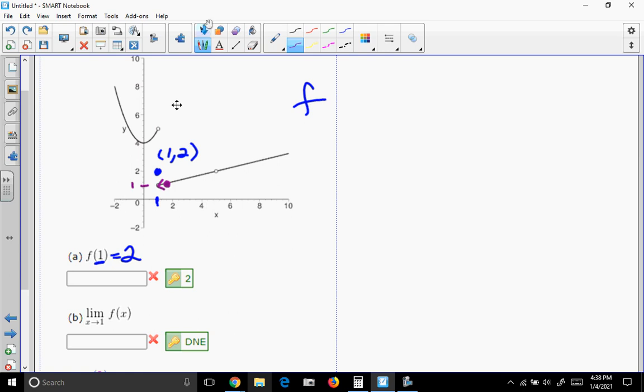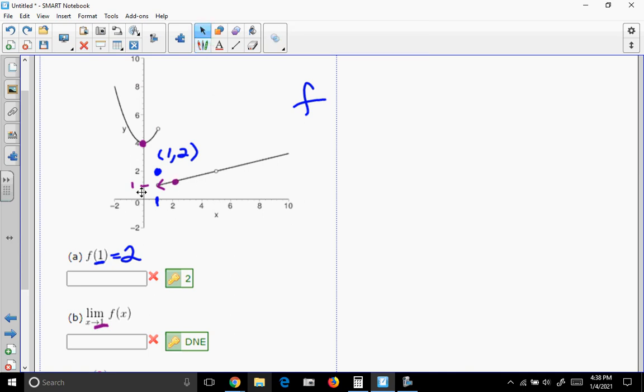But let's pick a point on the other side of 1. Let's pick a point over here. This has an x value of 0. So we got close to 1 starting over here.